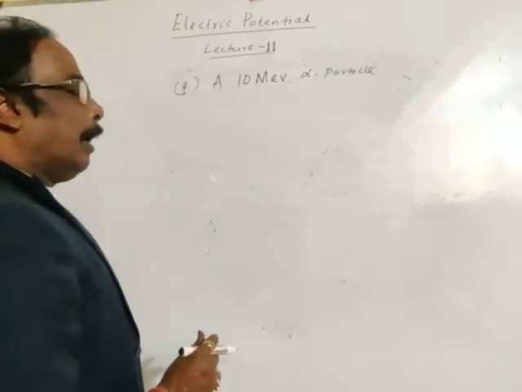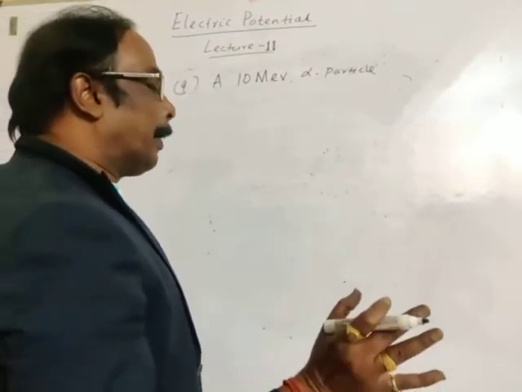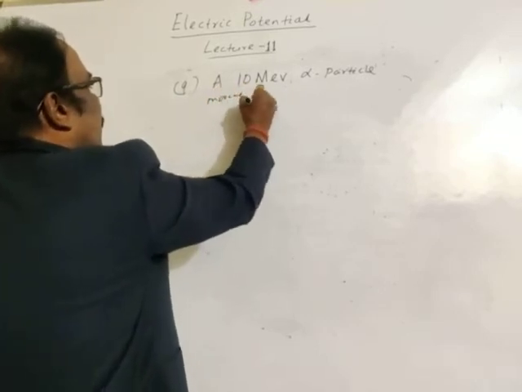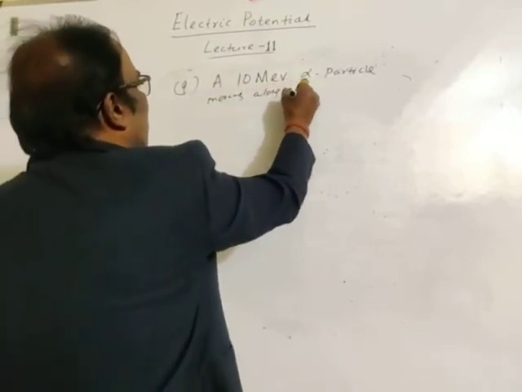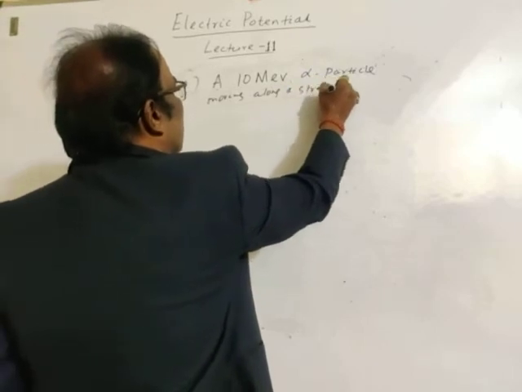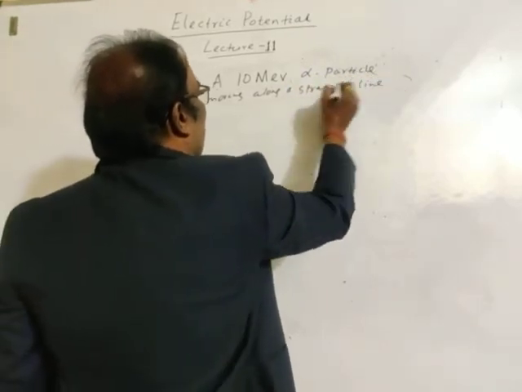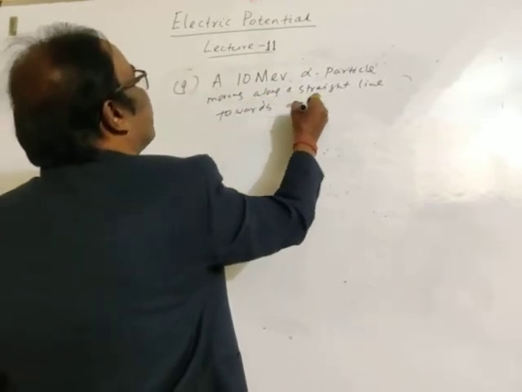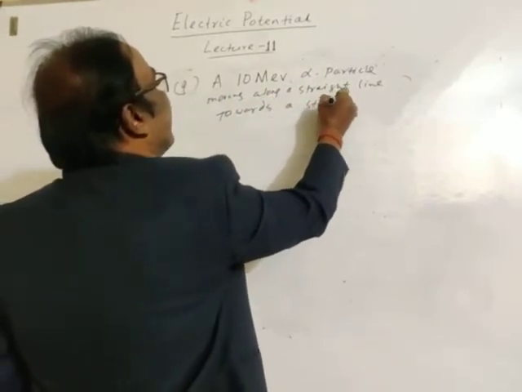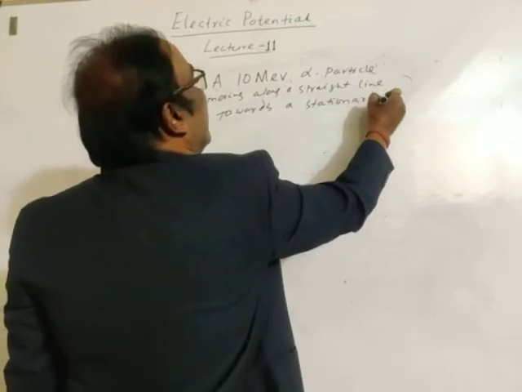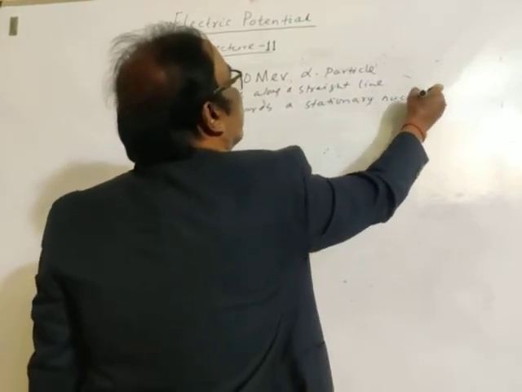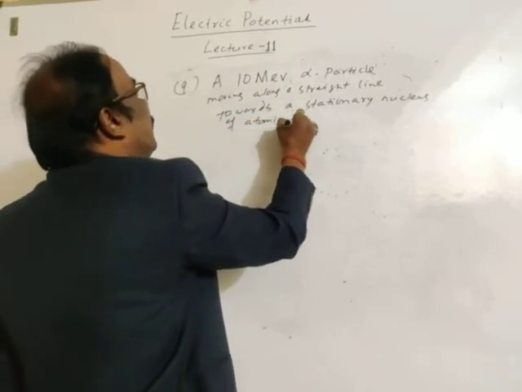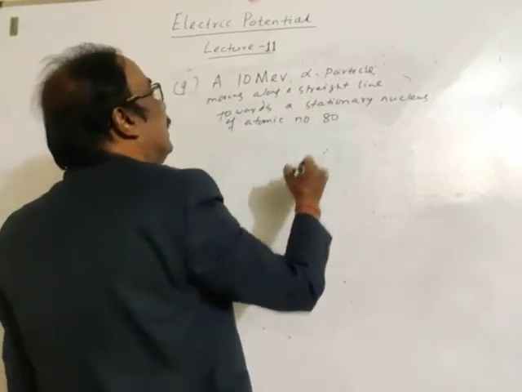A 10 mega electron volt alpha particle moving along a straight line towards a stationary nucleus of atomic number 80.